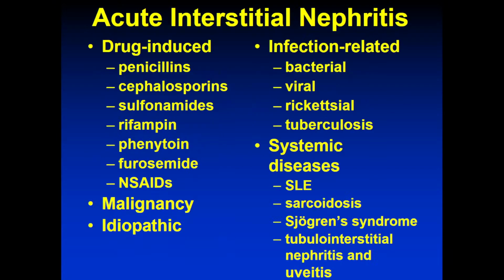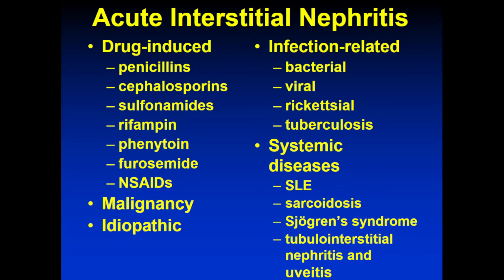Acute interstitial nephritis may be drug-induced due to the series of antibacterial drugs like penicillins, cephalosporins, sulfonamides, rifampicin, some anti-seizure drug like phenytoin, furosemide surprisingly, and at last NSAIDs. It may be induced by malignancy.